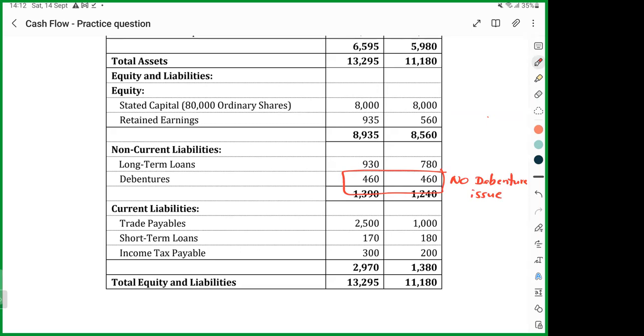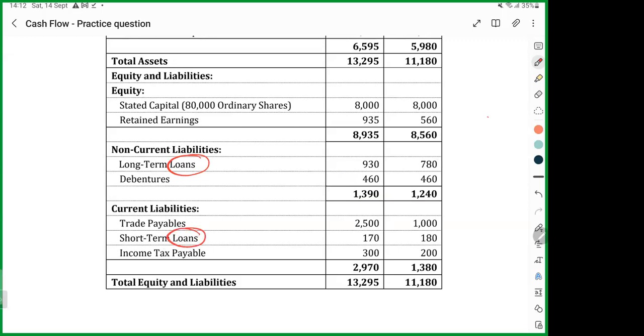But long-term loans. You see the long-term portion of the loans. You know the loans you classify under non-current liabilities and current liabilities. So that's your financial statement knowledge. Amount payable within a year, you classify under current liabilities.